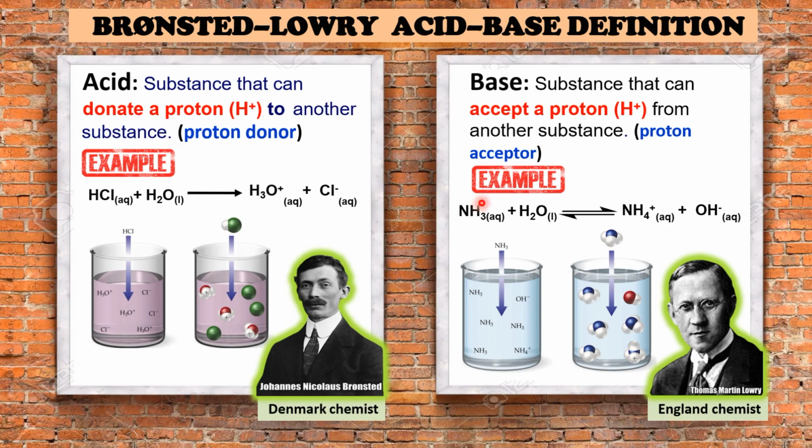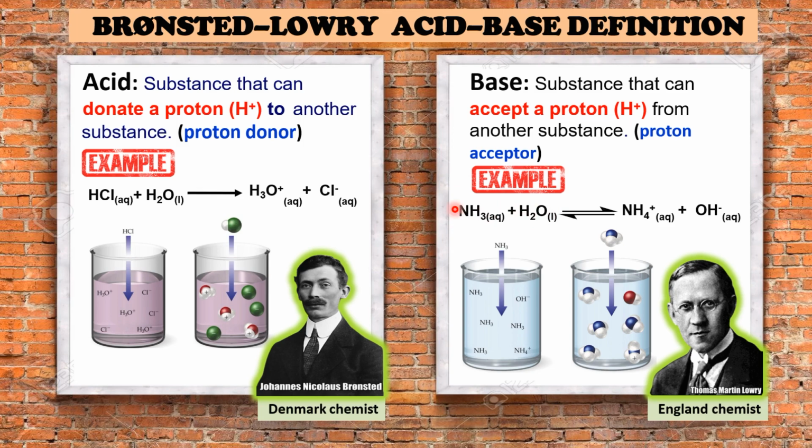Then for example, ammonia dissociating in water will produce NH4+ and OH-. Since the nitrogen in ammonia has a lone pair, it can accept a proton from H2O, whereas H2O donates a proton to ammonia.